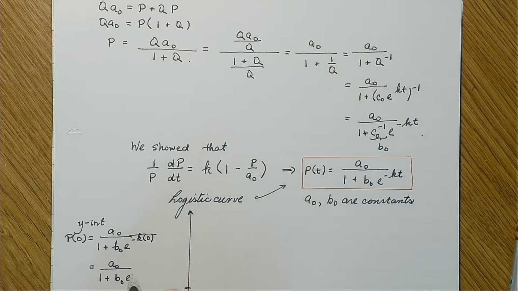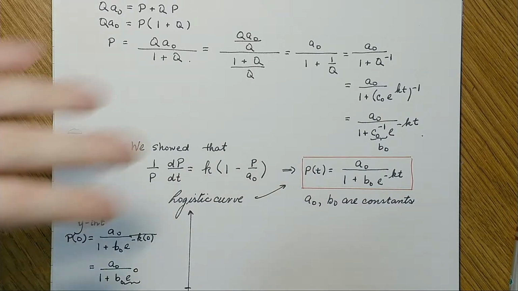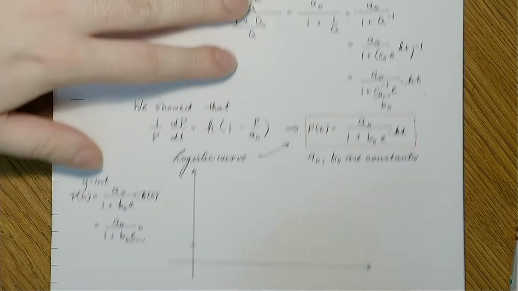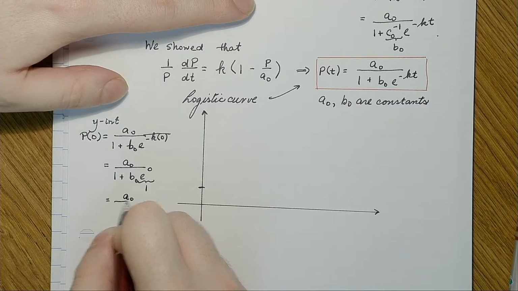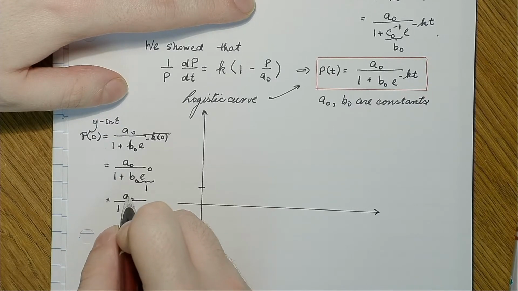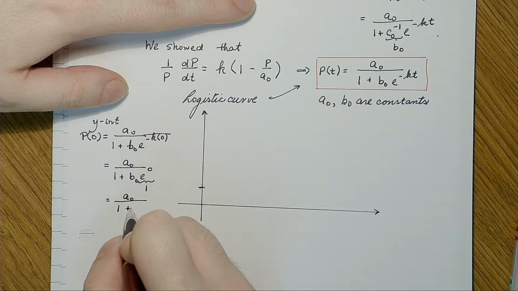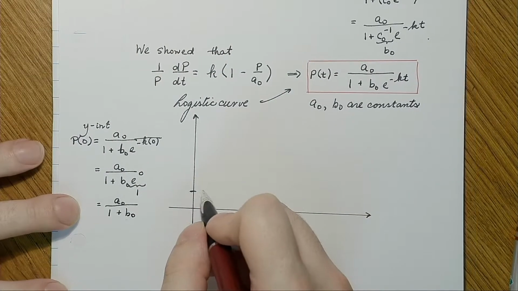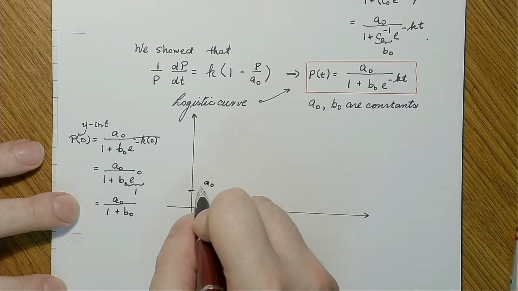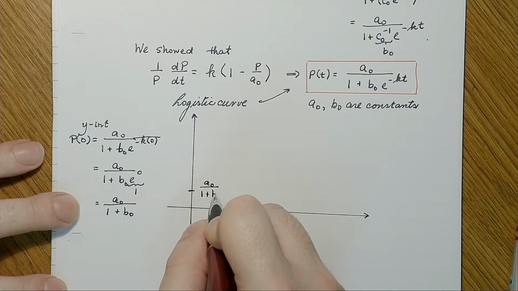So, getting back to that, I have e to the 0, which means that this is 1. And so my y-intercept should be 1. So a naught over 1 plus b naught.